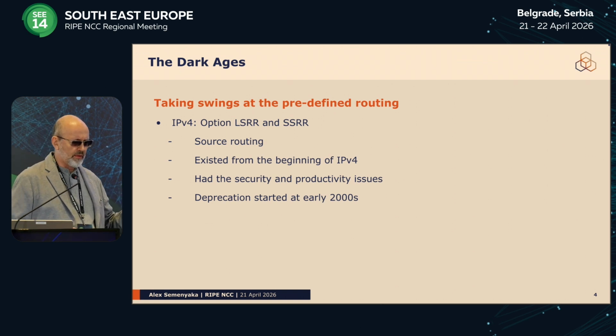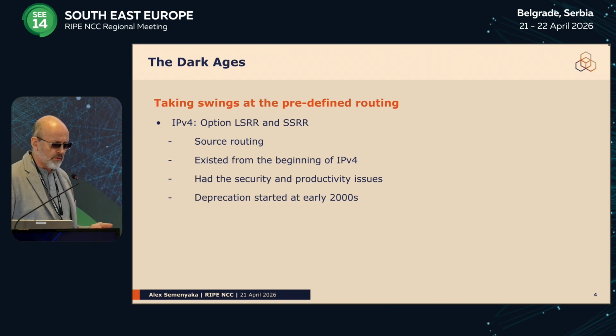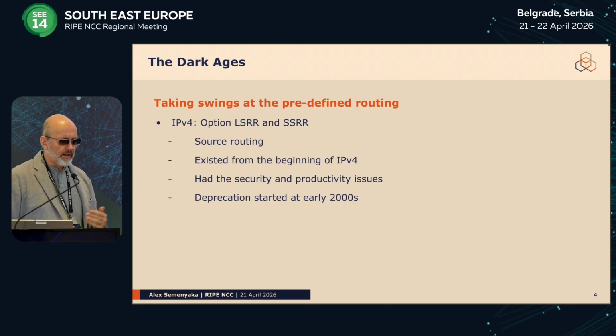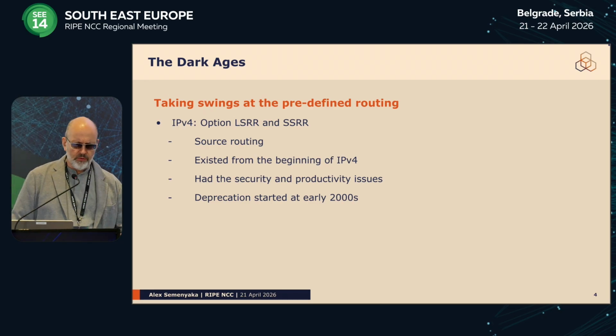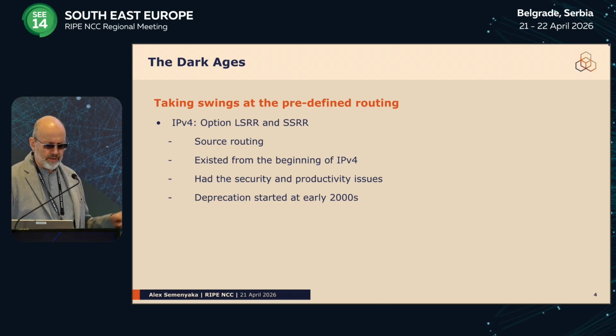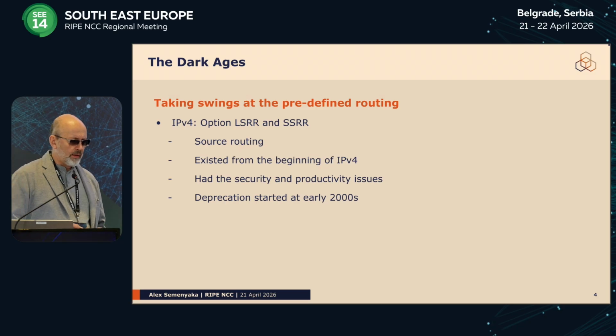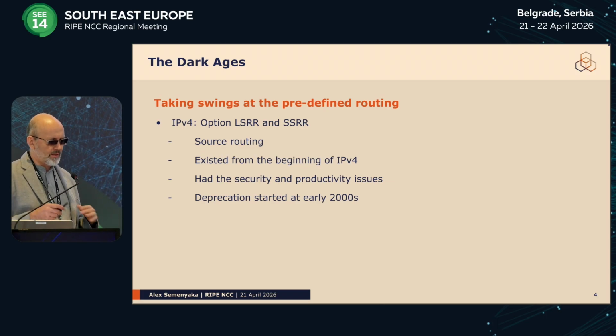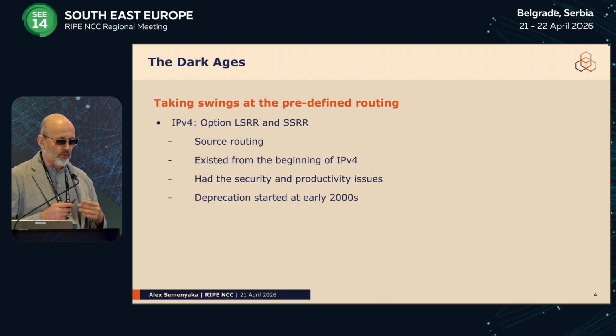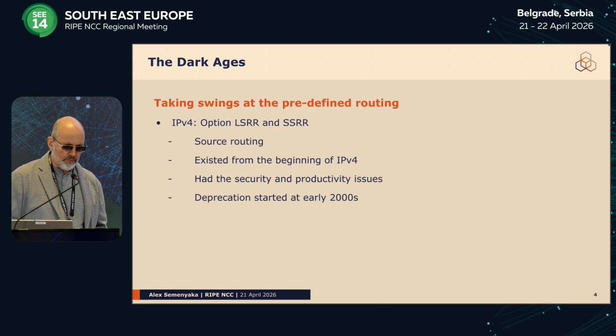The first attempts started back when IPv4 was created, and it was source routing options. It was quite a naive and simple approach: loose source routing, strict source routing, you remember that. Approximately at the end of the last century, it became clear that it doesn't work. It creates many more issues and problems than it solves.